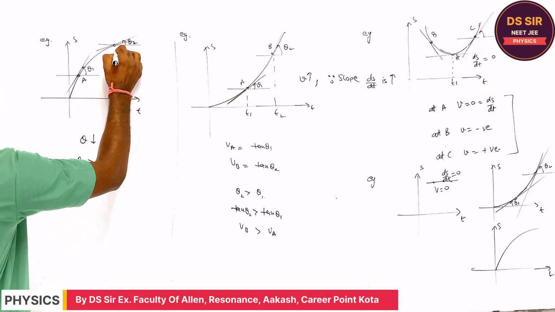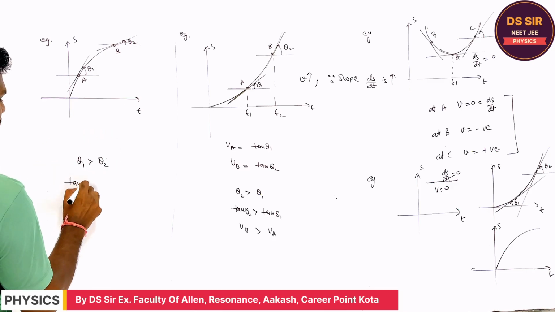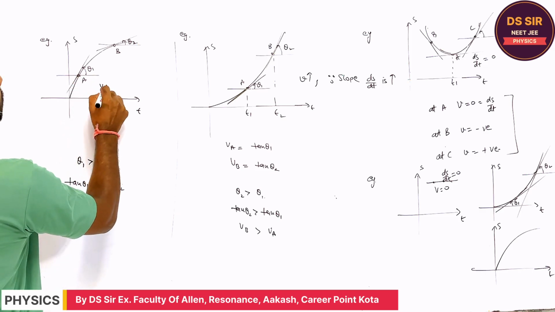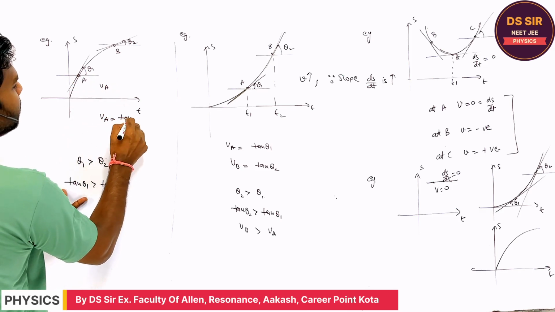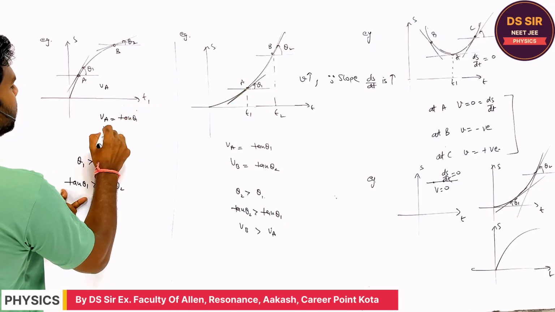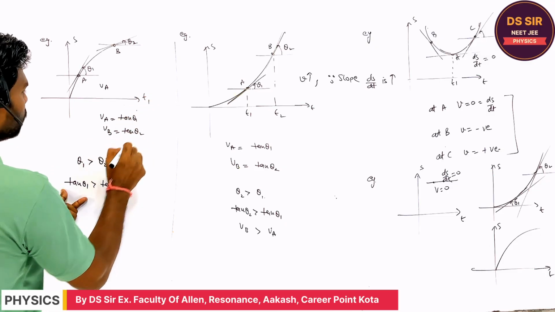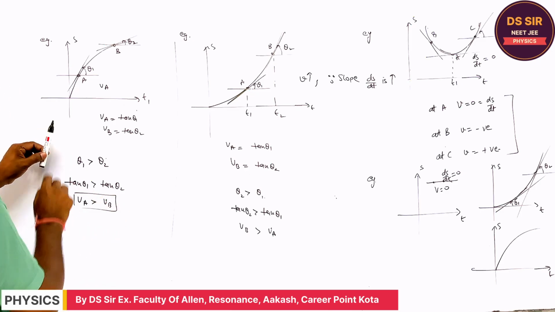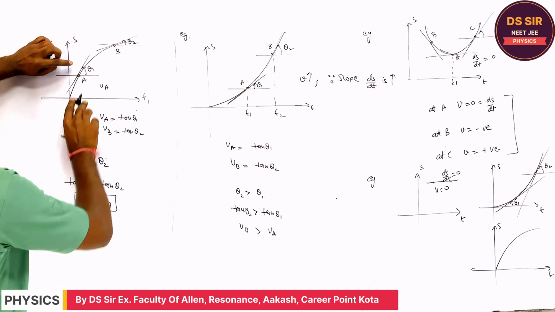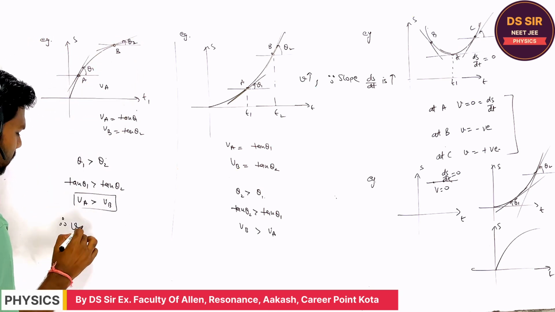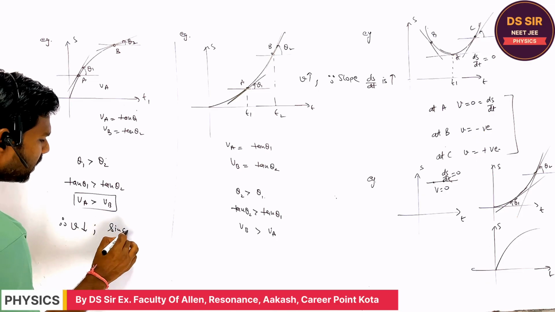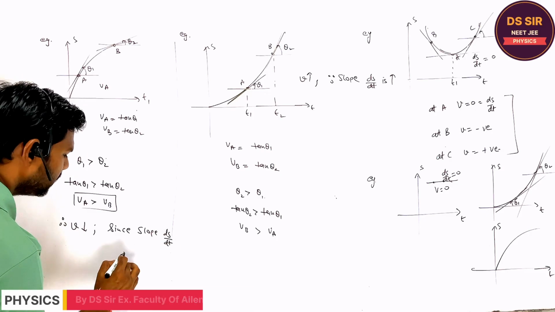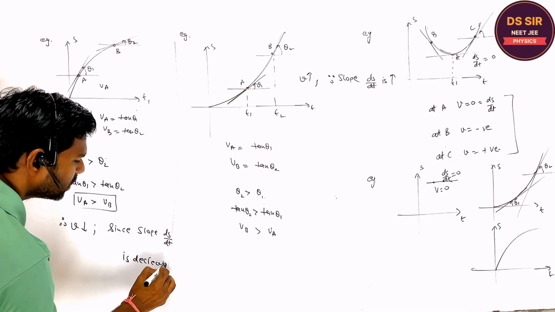If this is point A and this is point B, tan theta 1 is greater than tan theta 2. The velocity at A is nothing but tan theta 1, and the velocity at B is nothing but tan theta 2. So the velocity of A is greater than the velocity of B. So in this case, the velocity is decreasing, since the slope ds upon dt is decreasing. You understand this concept or not?